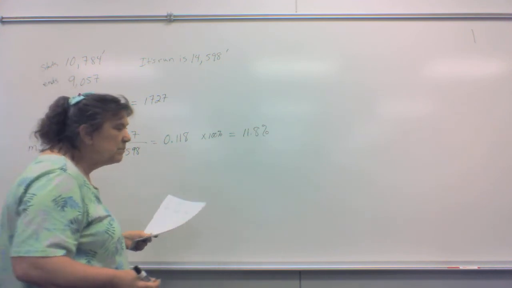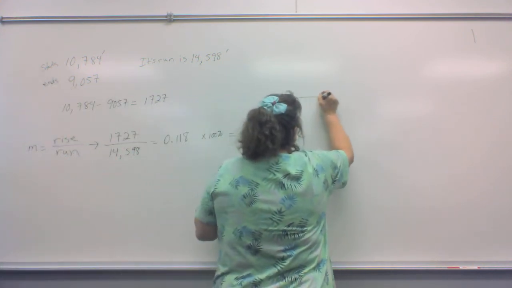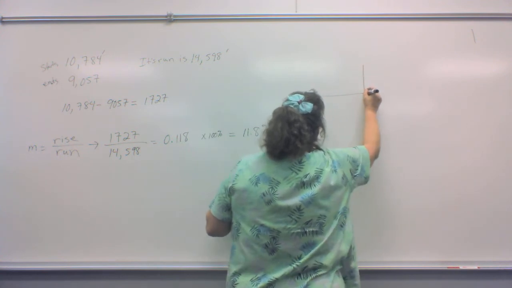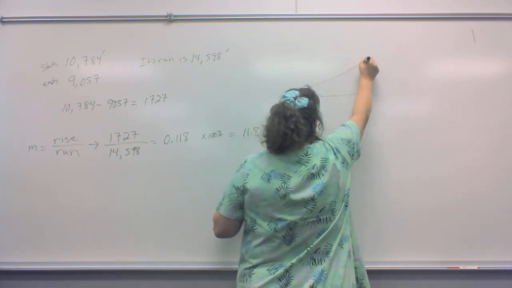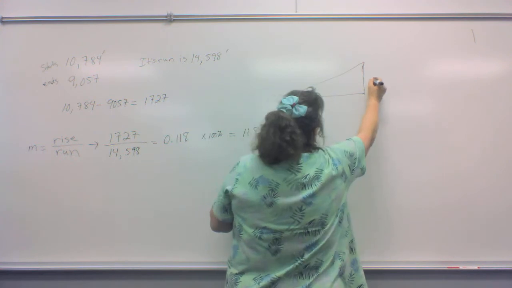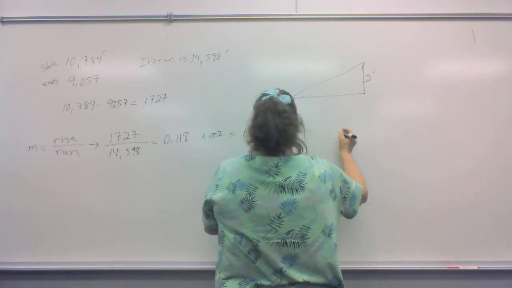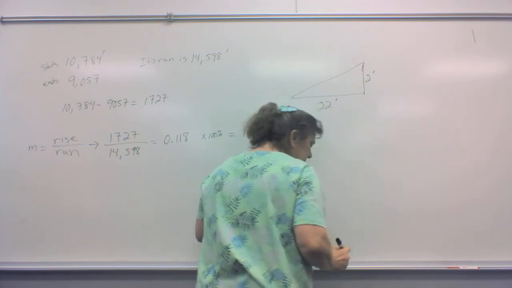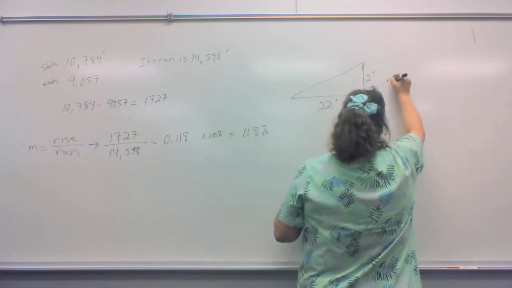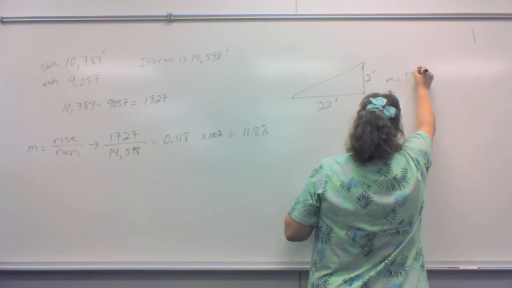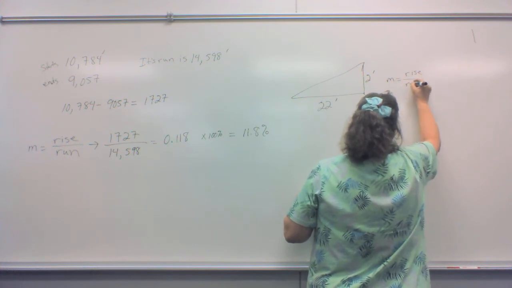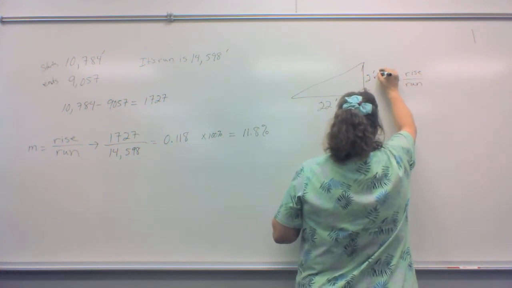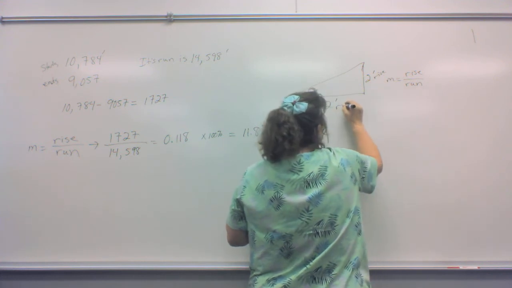And the last problem I want to look at is a triangle. It's a right triangle, like a handicapped ramp or something. And it goes 2 feet up in the air for 22 feet in length. So again, remember your slope is equal to rise over run. This is the rise, this is my run.